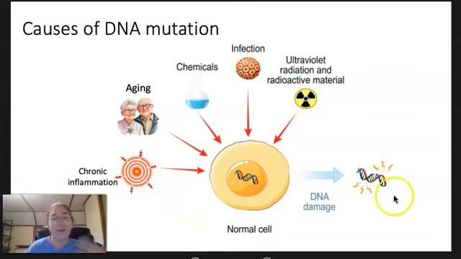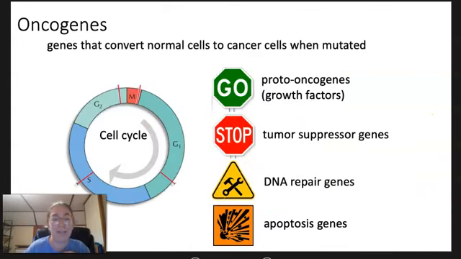So all of these things, what they all have in common is that they can lead to damage of the cell's DNA, and that DNA damage, if it's in a gene that has to do with the cell cycle, can lead to uncontrolled proliferation. So which genes are likely to contribute to cancer? It's going to be genes that are involved in this cell cycle regulation.